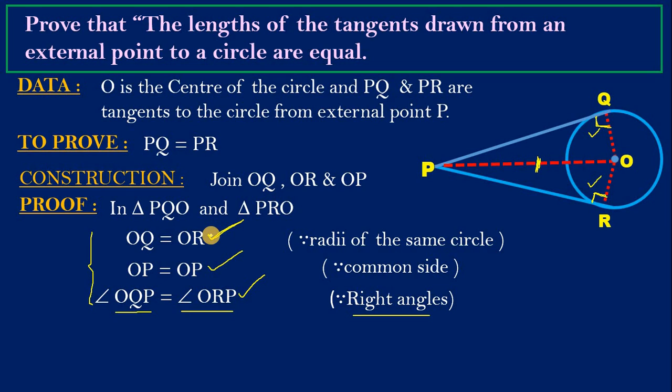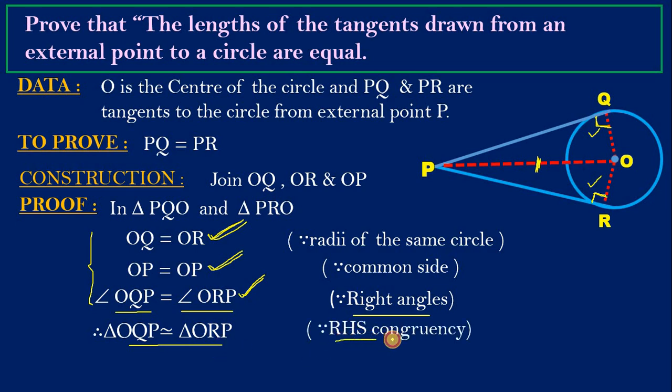This is OQ equals to OR. This is one side of triangle, and OP equals to OP. This is the hypotenuse, and these angles are 90 degree. Hence, under RHS congruence rule, these two triangles are congruent. The reason is RHS congruency.